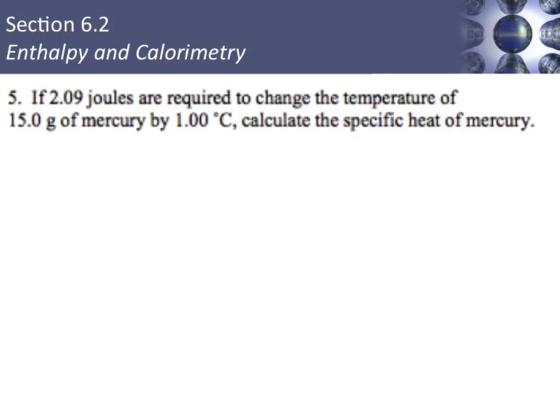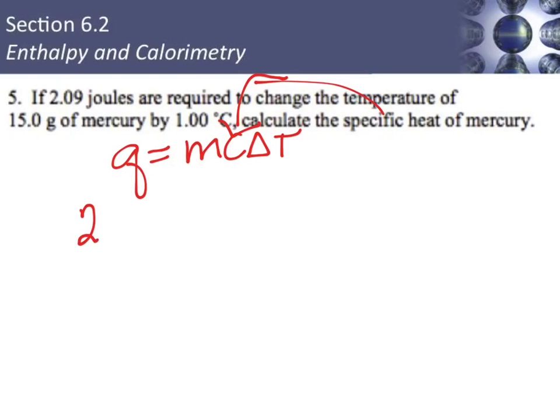If 2.09 joules are required to change the temperature of 15 grams of mercury by 1 degree Celsius, calculate the specific heat of mercury. So we have Q equals MC delta T, and this time we are trying to find C. Our Q is 2.09 joules.